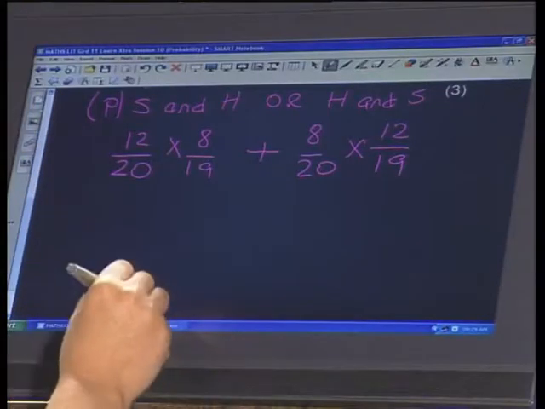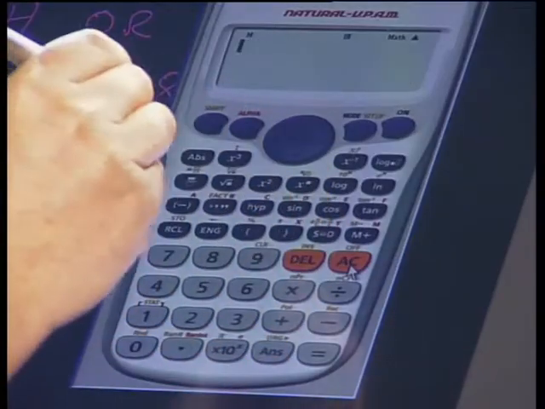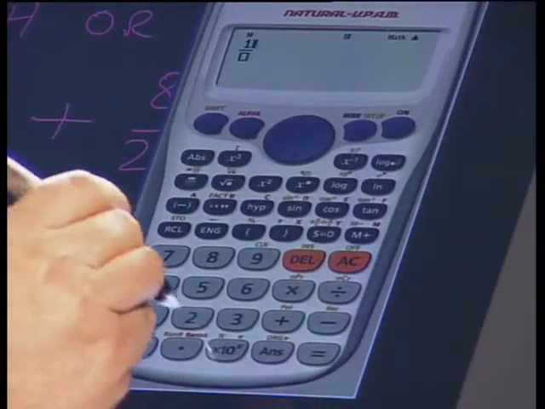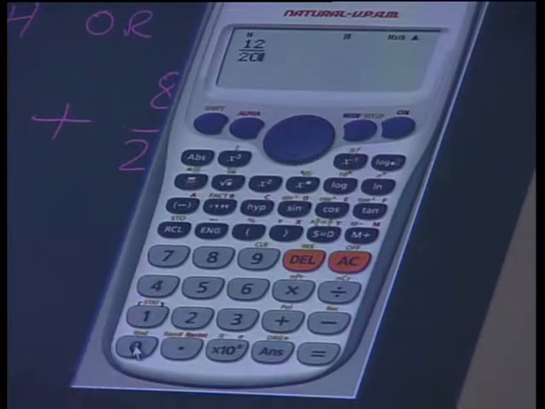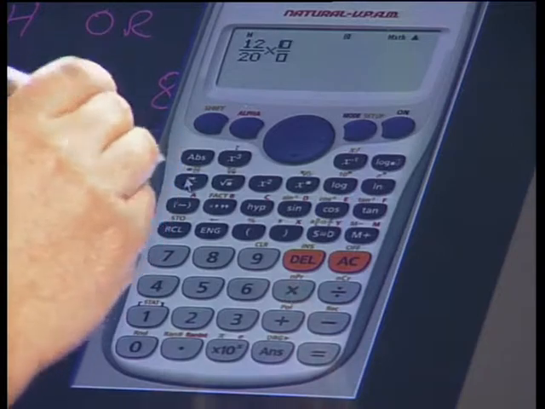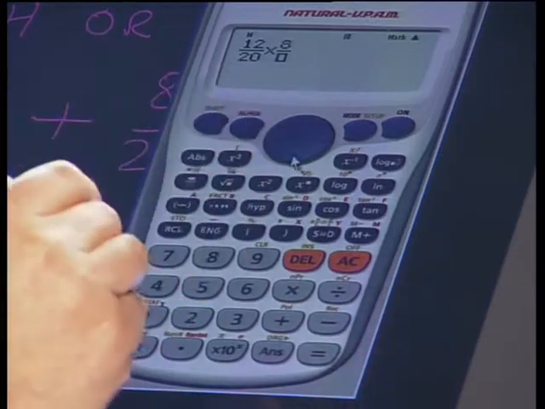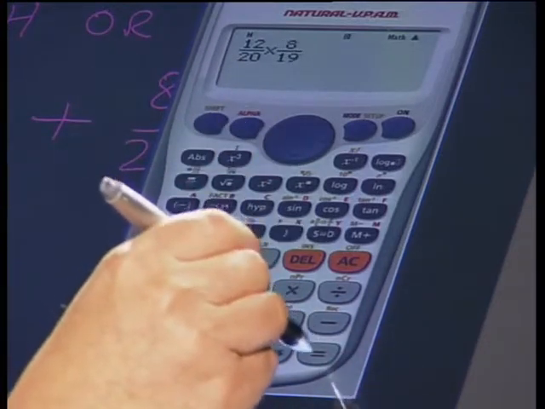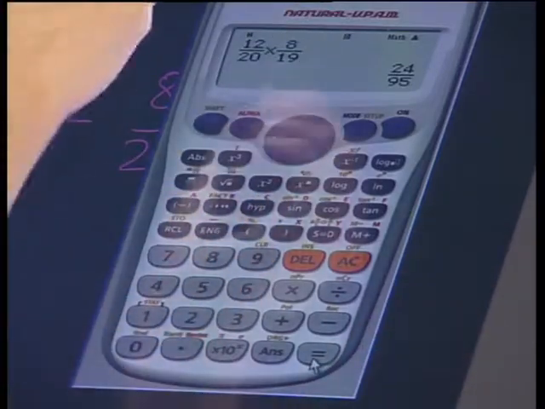So we can calculate that. That is the probability that they're looking for, and we can calculate it all in one step. You can do one first and then the other if you'd like, but your calculators can do it all together. In fact, I'm going to show you both ways. So my first was 12 out of 20, times 8 out of 19, and I get an answer of 24 out of 95.